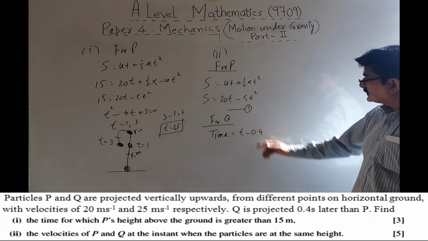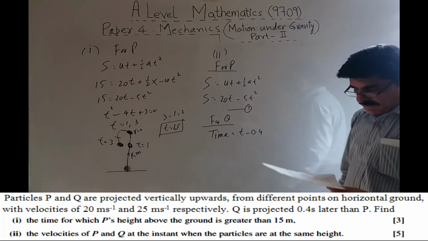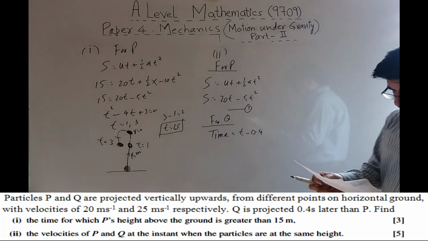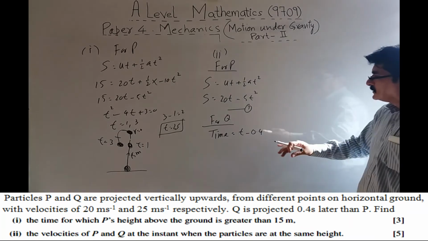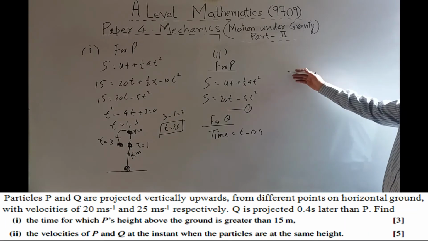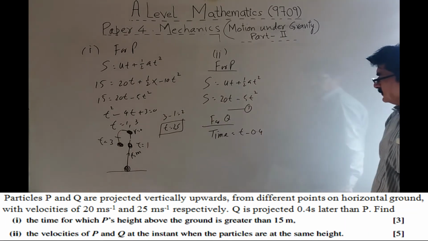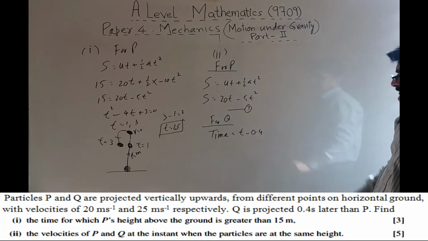They will have the same height, so when they reach the same height, it means that height is same but time will be different, because Q is projected 0.4 second later and they have different velocities.